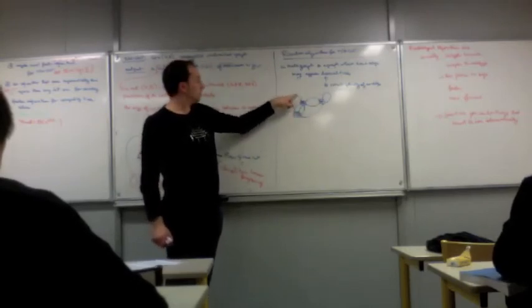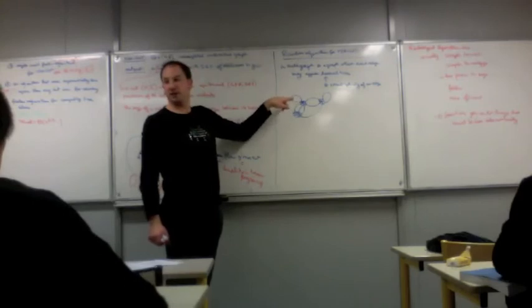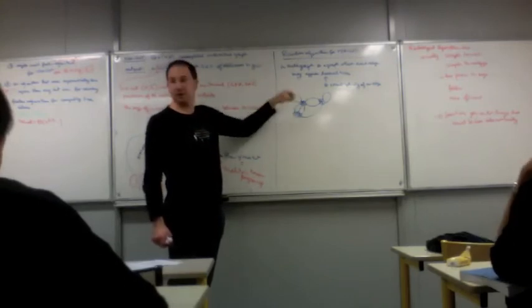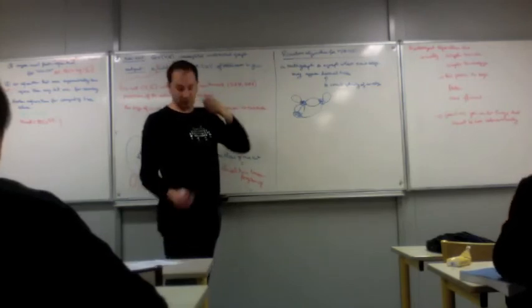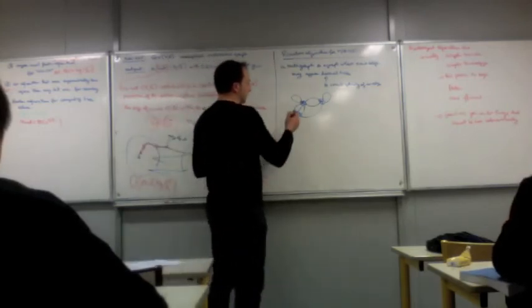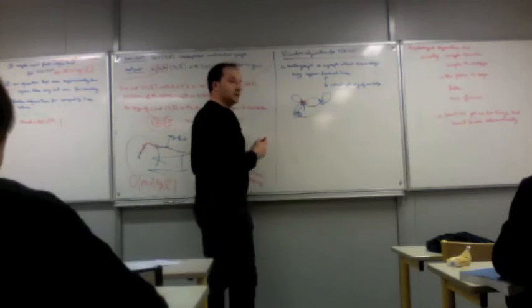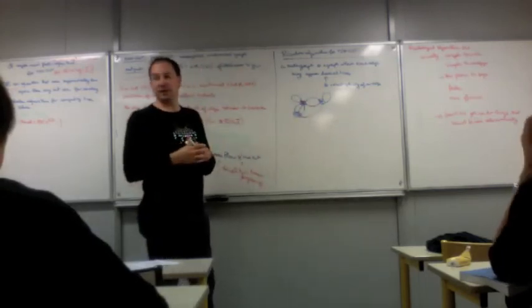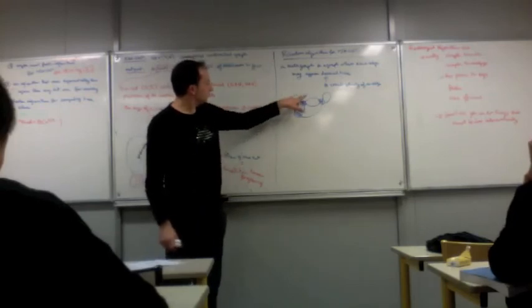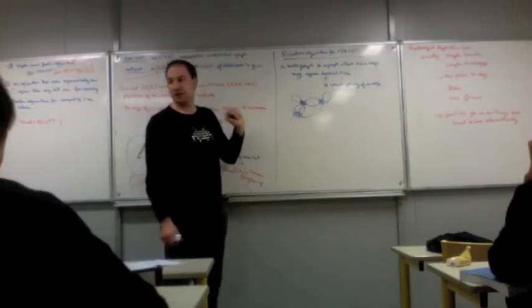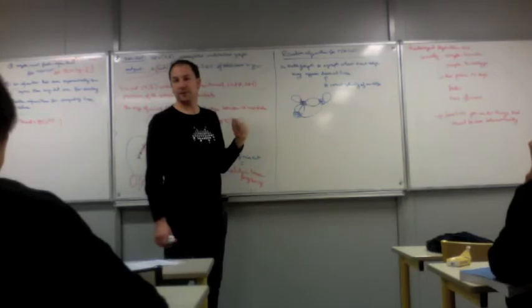You count each loop only once. So for instance, in this node, its degree is 6: it is connected to 1, 2, 3, 4, 5, 6 edges.